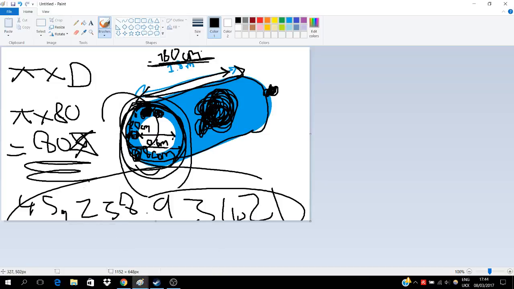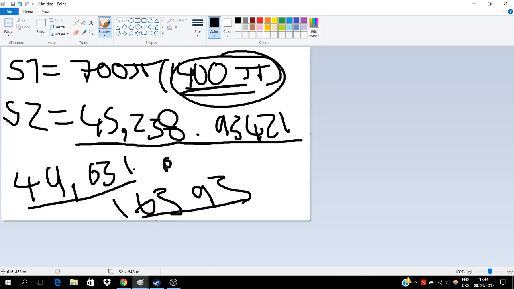So we need to take this answer and divide by 4. Oh, sorry, not that answer. We need to find this answer and divide by 4.